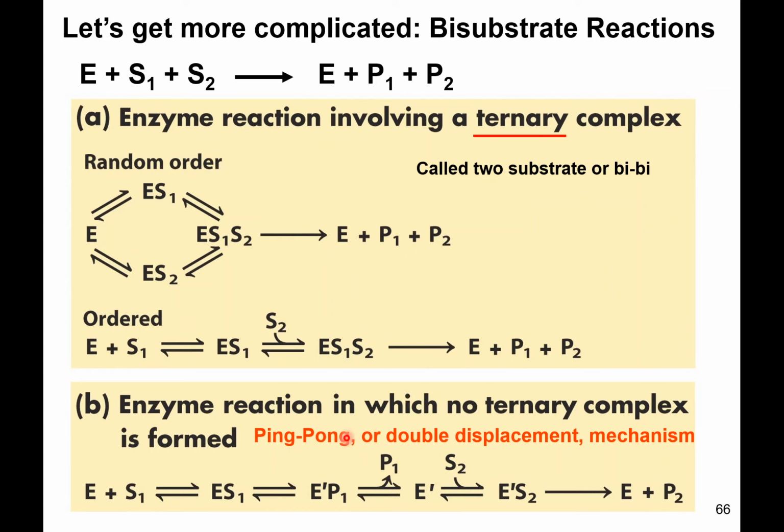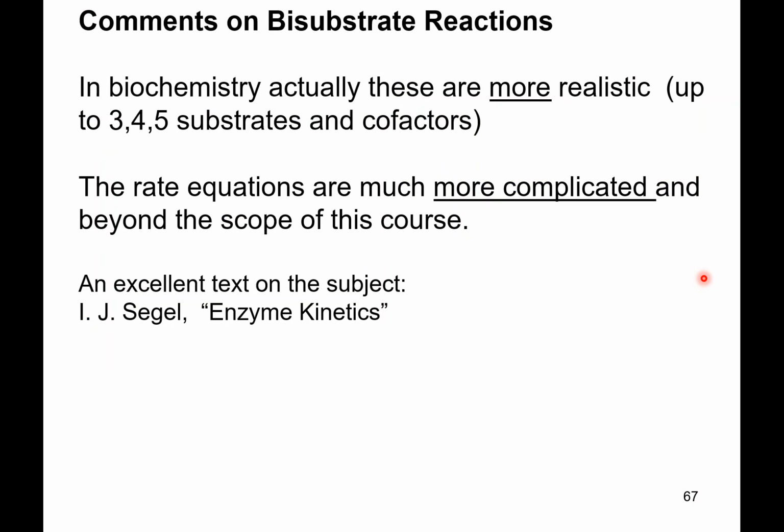Being in enzyme research, I've heard the term ping pong and seen those examples before. So you might run into that at some point, and that's what it's referring to. Okay, but again, this is way more complicated than we're going to get in this class. So the first one is the ping, and the second part is the pong.